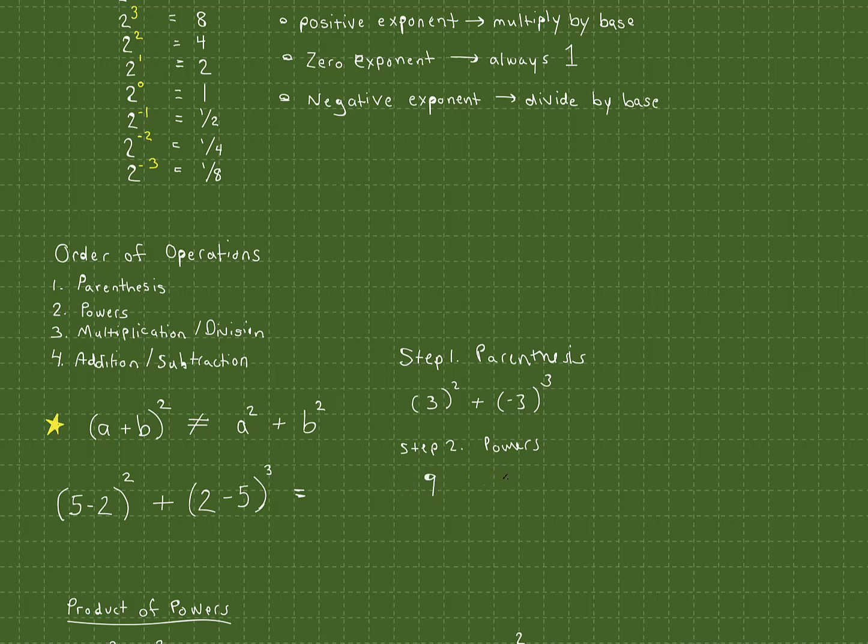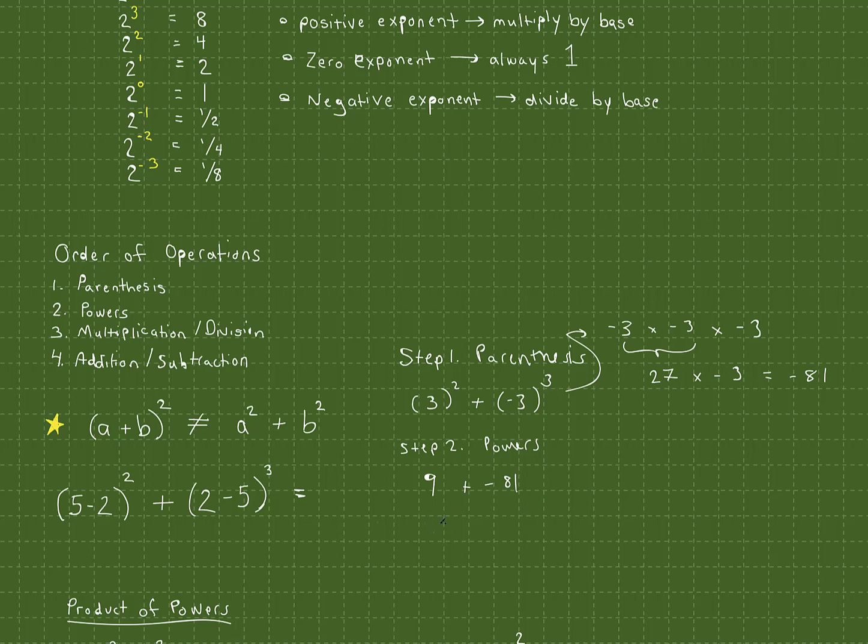What is negative 3 to the 3rd power? Well, let's expand this out. This becomes negative 3 times negative 3 times negative 3. Negative 3 times negative 3 is positive 9. And then we multiply that by another negative 3, which gives us negative 27. So then we say 9 plus negative 27.